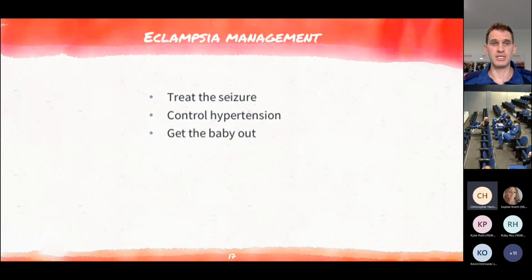And finally, going with this is eclampsia, and I do have a story from a job last year which has a few lessons in it, so I'll tell the story.